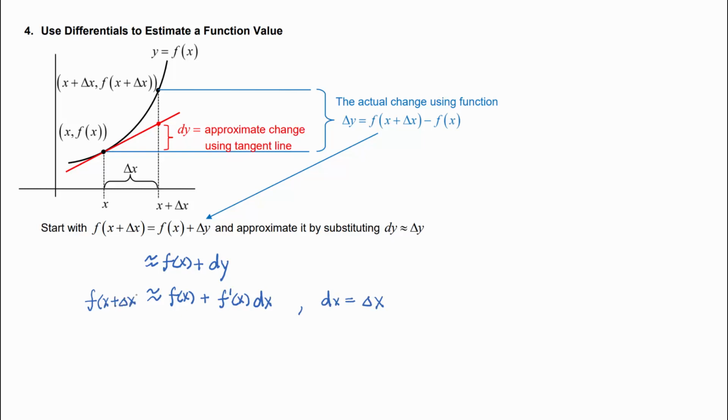So we are going to now use the fact that f of x plus delta x is approximately equal to f of x plus f prime of x dx to estimate a function value. So let's approximate square root of 24.8 using differentials.